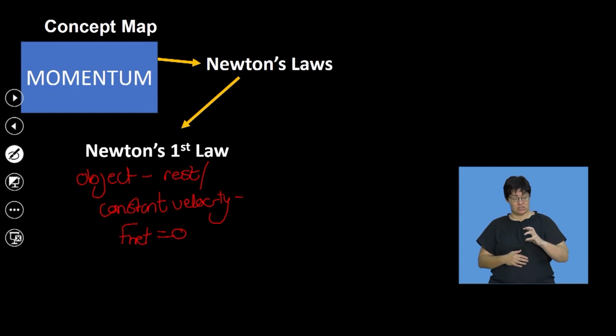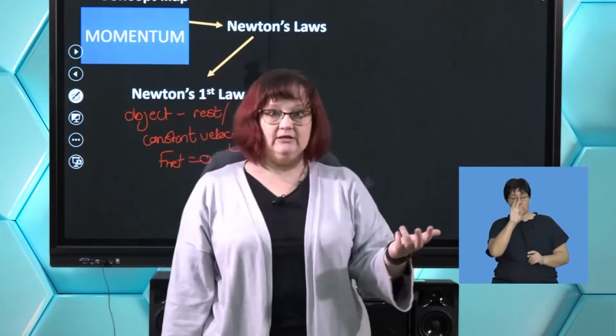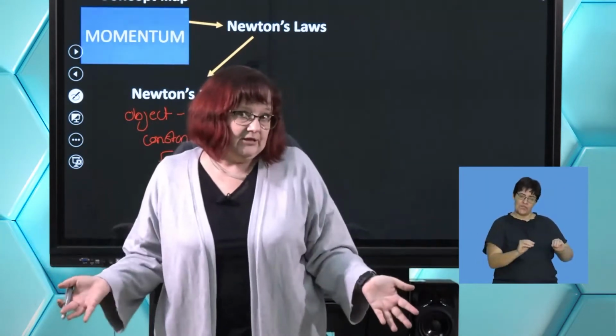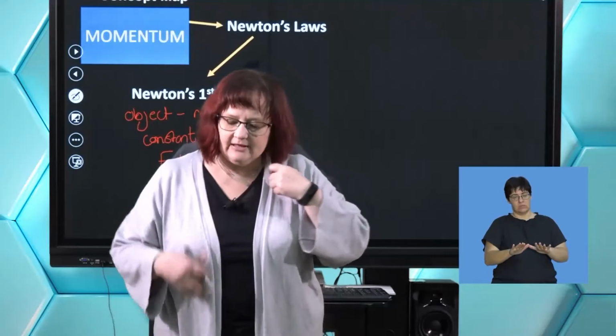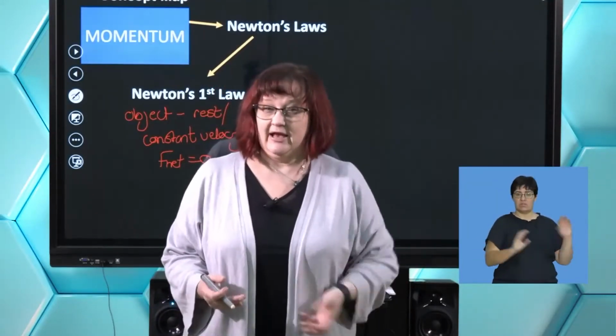Now, that's not the statement you're going to put into a test or an exam. It's just reminding you. So remember, an object will remain stationary or continue moving at a constant velocity if there's no net force acting on it. Okay, Newton's first law.